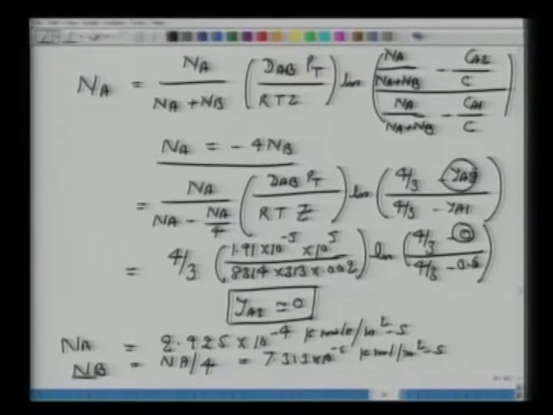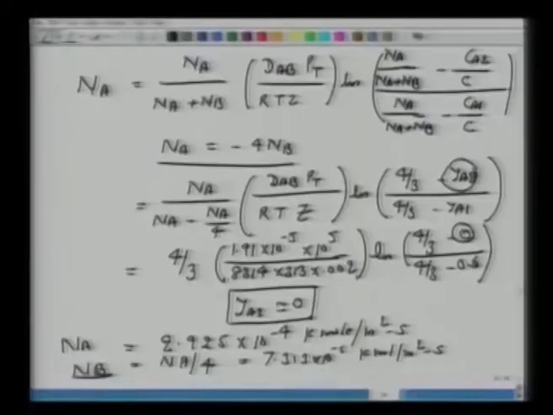Now the question here was, what is the rate of formation of B? At what rate B is formed, and what we have calculated is at what rate B diffuses between 1 and 2. So at any location between 1 and 2, the diffusion flux is in kilomoles per meter square per second.